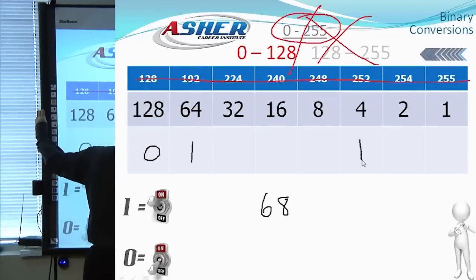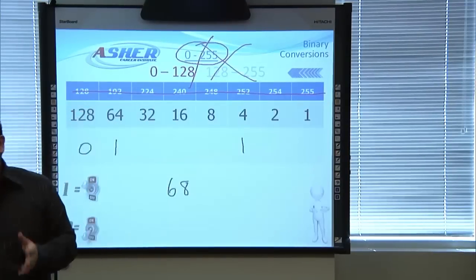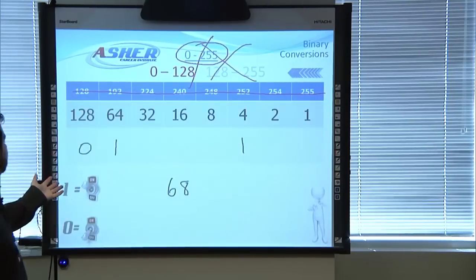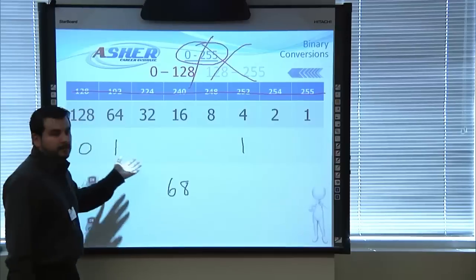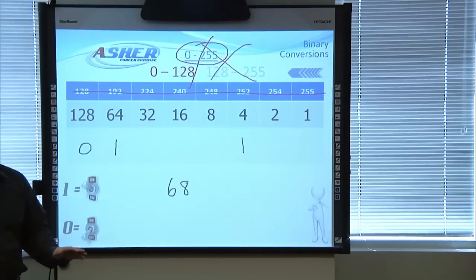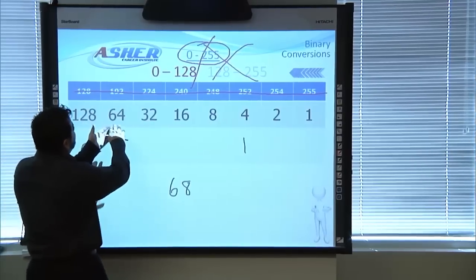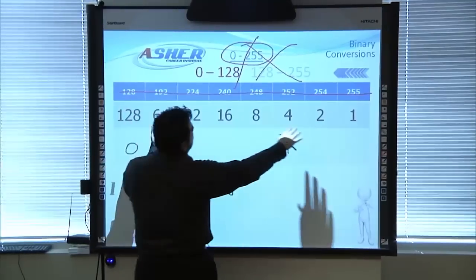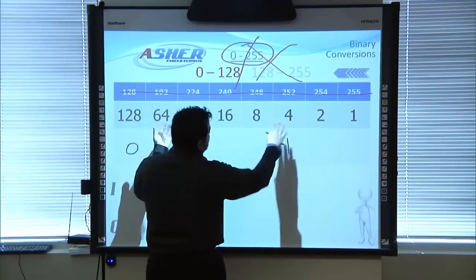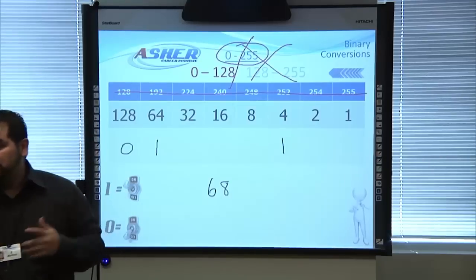4. So now, the way you just found that out, you did one of two things. You either took 68 and you subtracted 64, and then you found 4, or, and this is kind of a weird way to explain it, in your mind, you took 64, and you told yourself, 64 plus what gives me 68? Oh, 64 plus 4 gives me 68. And I've thought about it a lot, and people actually do think that way.